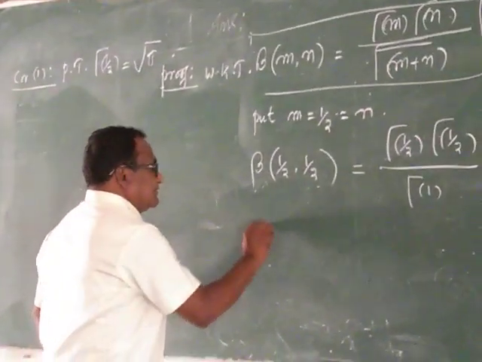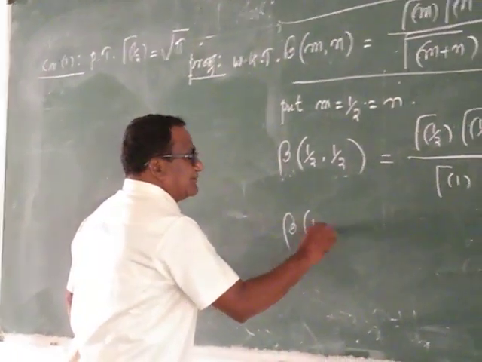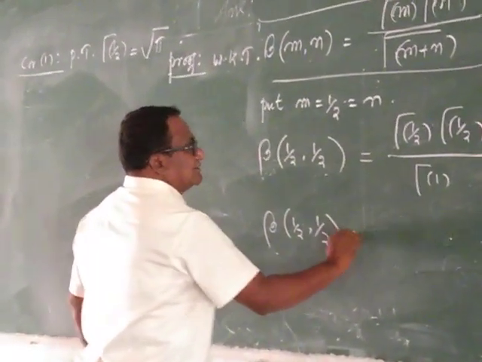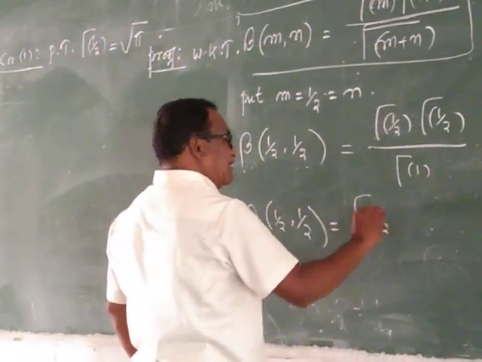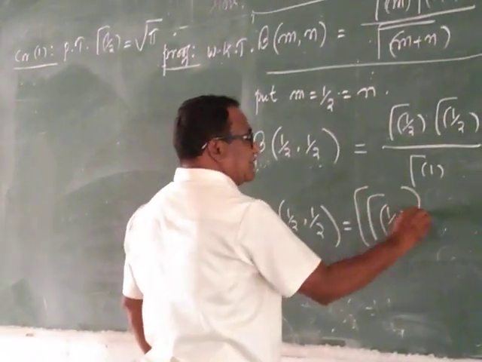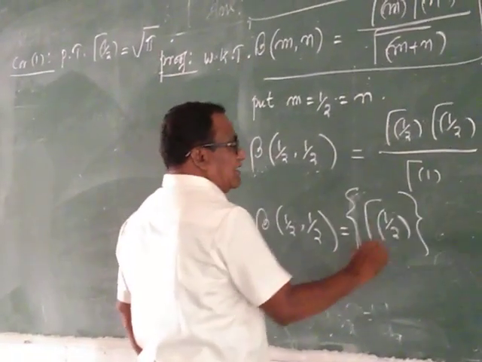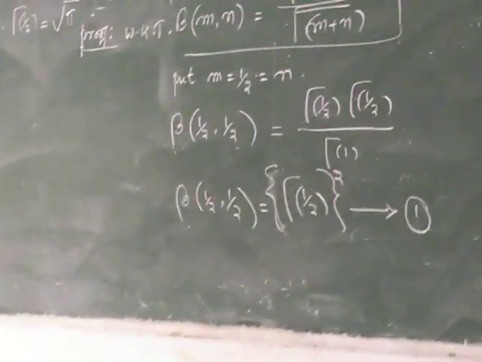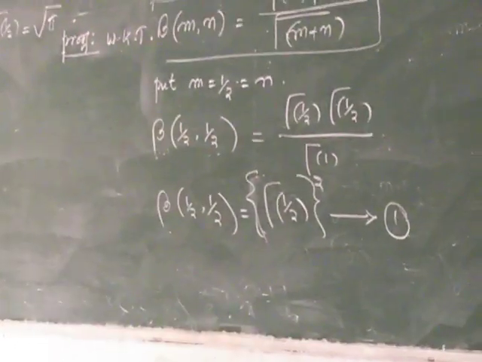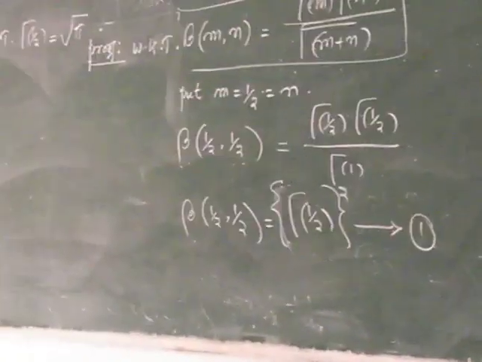That is, beta half comma half is equal to gamma half into gamma half, which is gamma half whole square. Let us call this result number 1.